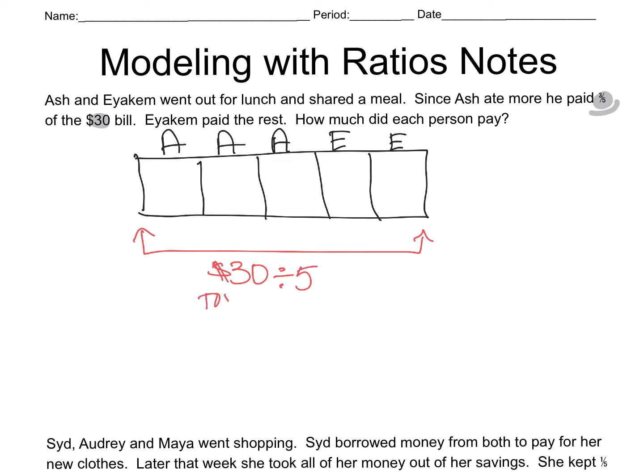Since the $30 is split into 5 pieces, I can take 30 divided by 5 because 30 was our total bill, and there are 5 parts that make up our total. So when I do 30 divided by 5, that ends up equaling 6. So each of these parts is equivalent to them paying $6.